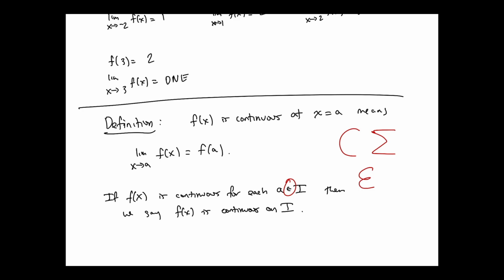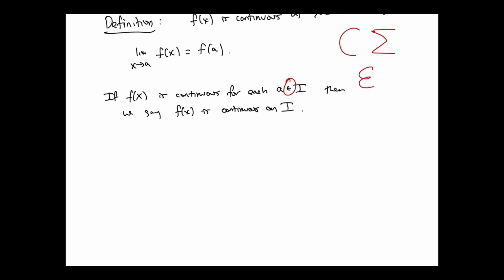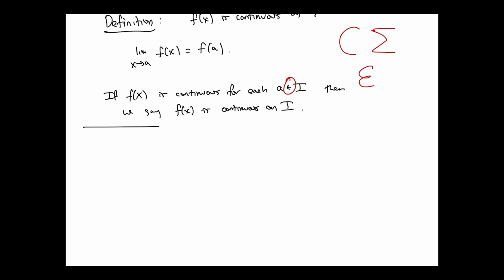All right, so we got one final definition here just to deal with one slightly weird example. What's going on with the square root function at 0? So if I graph that, what does it look like?